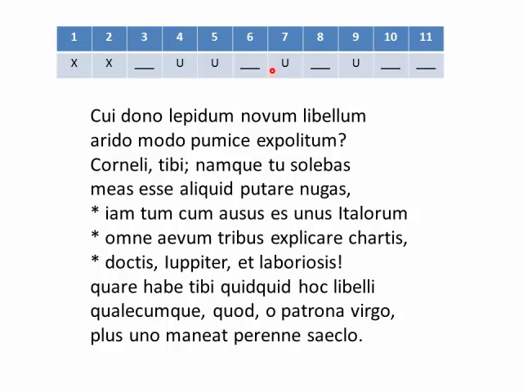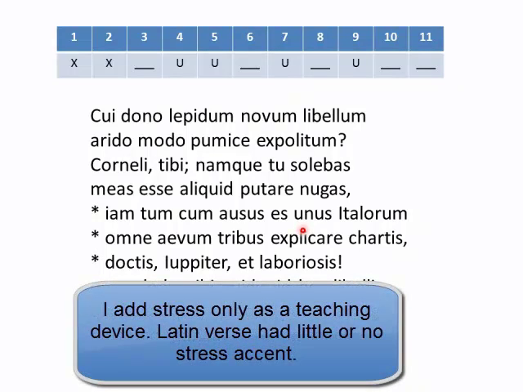Soses. And that's, where am I on this? This is 7? No, 8. Unus italorum. Did I do that right? Yam tum causus es unus italorum.